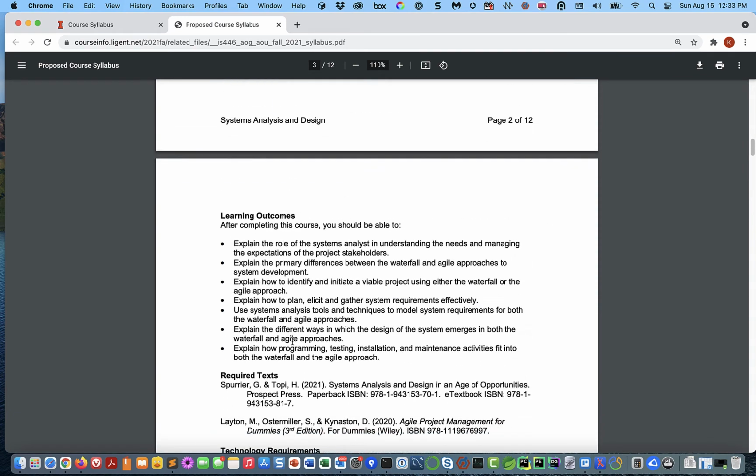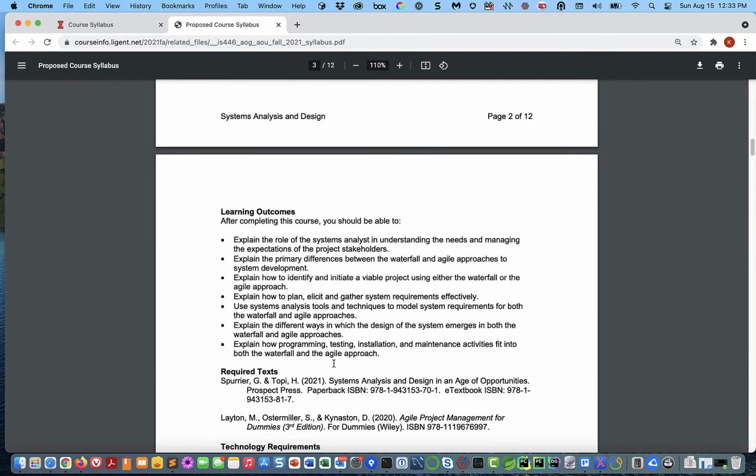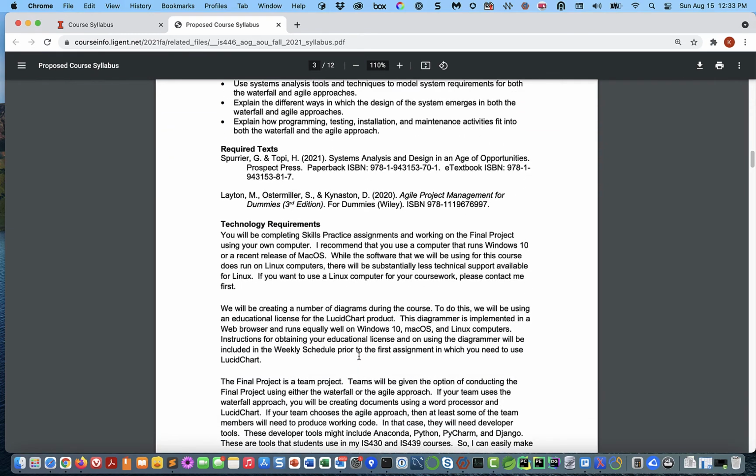The learning outcomes, again, I'm going to leave for you to read. Okay. The required text. Spurrier and Topi is a great book. I was already incorporating some ideas from it when I was teaching back in the spring, but I wasn't ready to pull the trigger on the book. I finally did that over the summer, so we're using it this time.